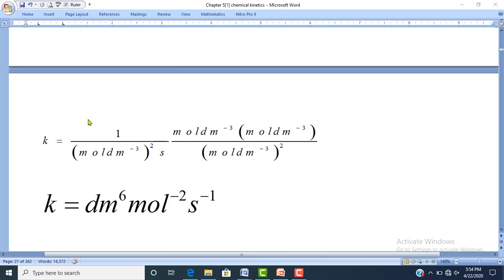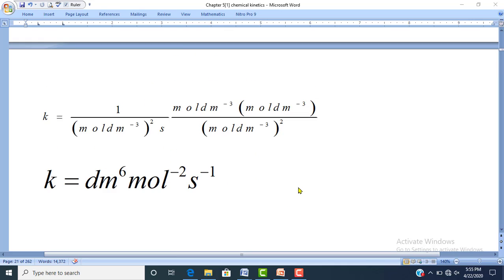When we simplify these units, we ultimately get the unit of the rate constant k as decimeter cube raised to power 6 per mole square per second.